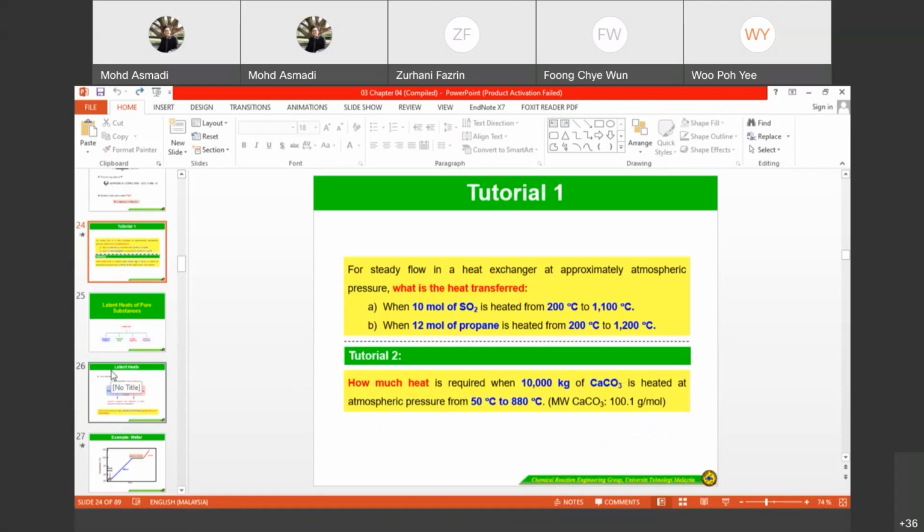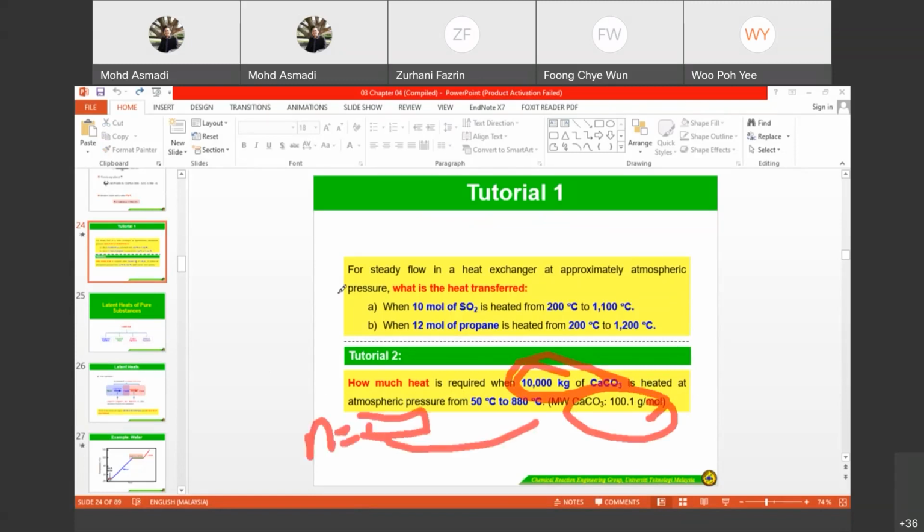It's the same. Only what you have to do is initially convert this to mole, number of mole. Because it's 10,000 kilogram, just divide it by the molecular weight so you can get N. The rest is going to be the same, the same steps as you do for A. I don't think I need to show you the calculation steps.